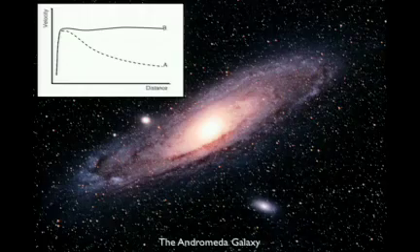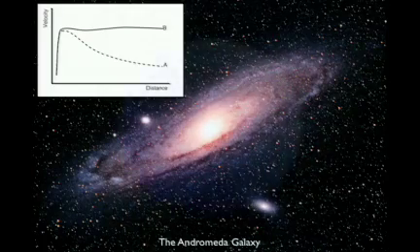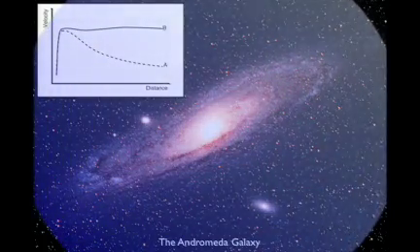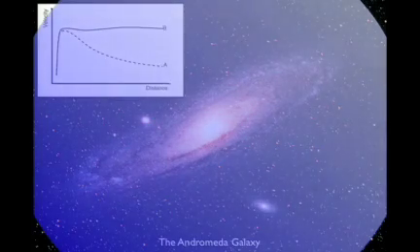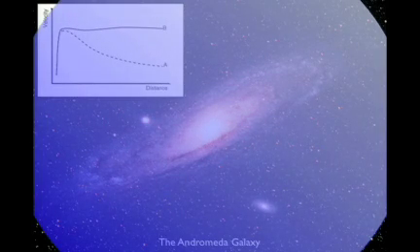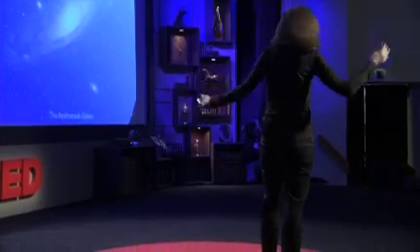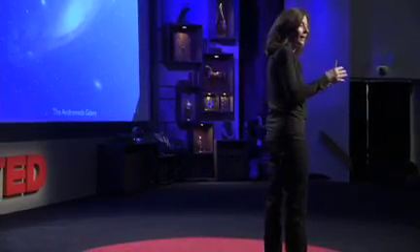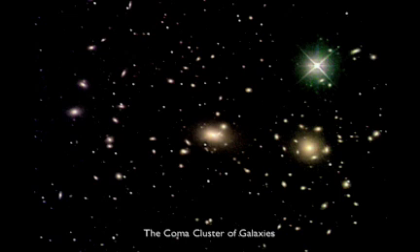In fact, this galaxy and every other galaxy appears to be embedded in a cloud of this invisible dark matter. And this cloud of matter is much more spherical than the galaxy themselves. And it extends over a much wider range than the galaxy. So we see the galaxy and fixate on that, but it's actually a cloud of dark matter that's dominating the structure and the dynamics of this galaxy.